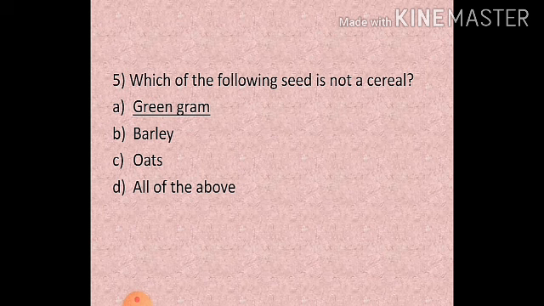So in today's session we have learned about monocot seeds and dicot seeds. We saw some examples of monocot and dicot seeds. Then we did that classification table. Then we wrote some notes in our book. We wrote choose the correct option.